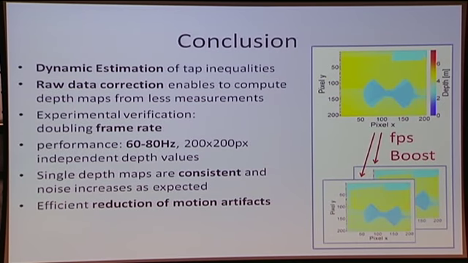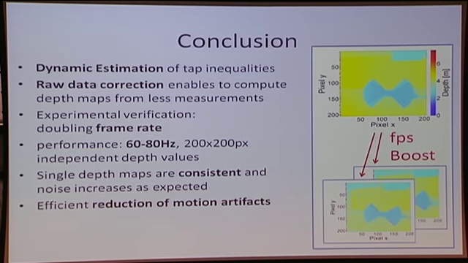So now I come to the conclusion. We presented a dynamic estimation technique of the inequalities of the different taps in multi-tap time-of-flight sensors. The derived raw data correction enables us to compute multiple depth maps from the data which was previously used to compute only 1 depth map.